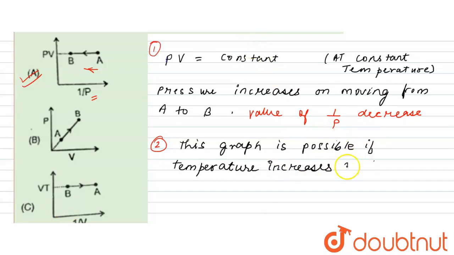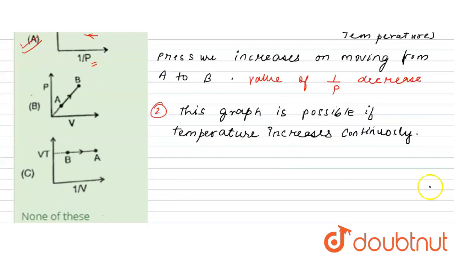So let's write down. Now, so you can say that this graph is also possible. The graph between P and V is a straight line. It is also possible. And the area you can see very well. The area will give you the work done. So that we know.